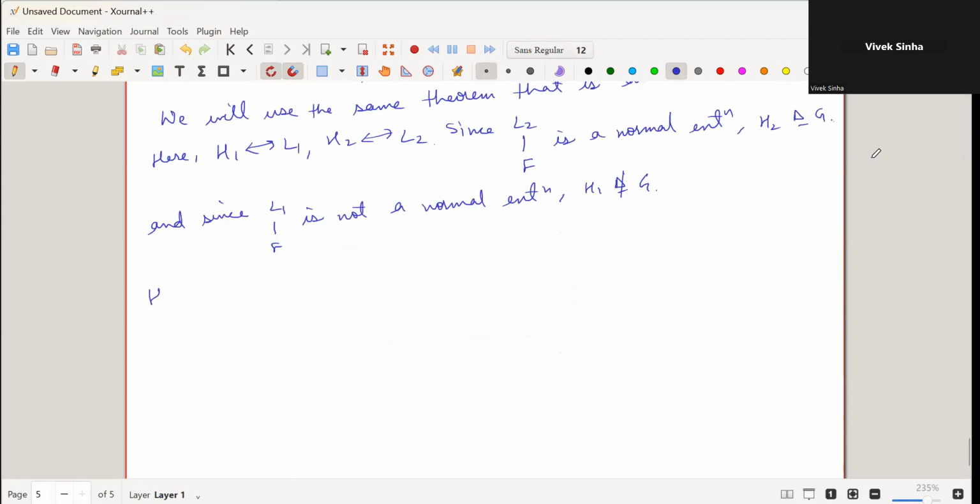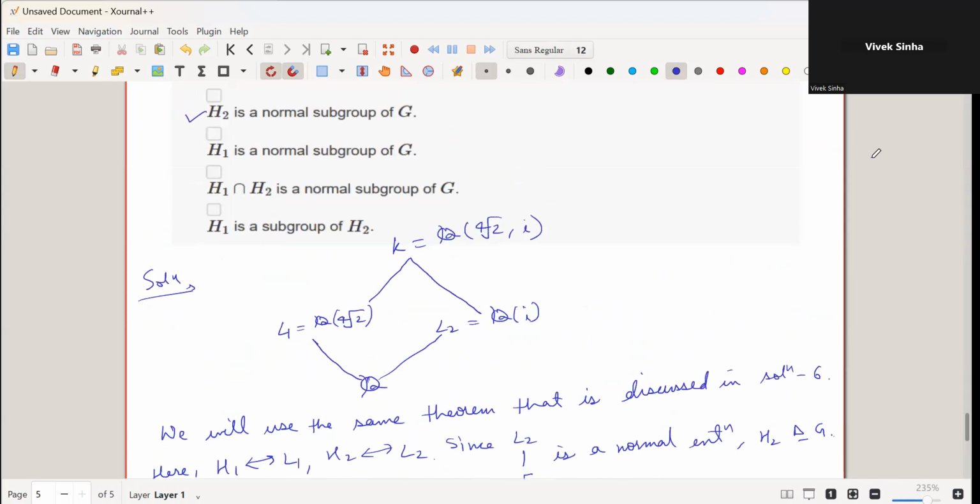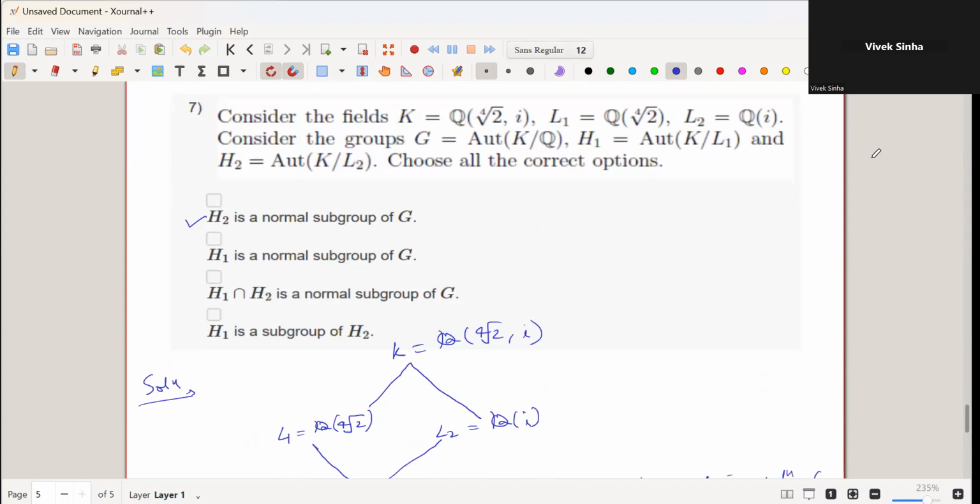So H1 is the set of all automorphisms of K such that sigma of alpha equal to alpha for all alpha belongs to L1, right? But what is L1? L1 is generated by Q and fourth root of 2.